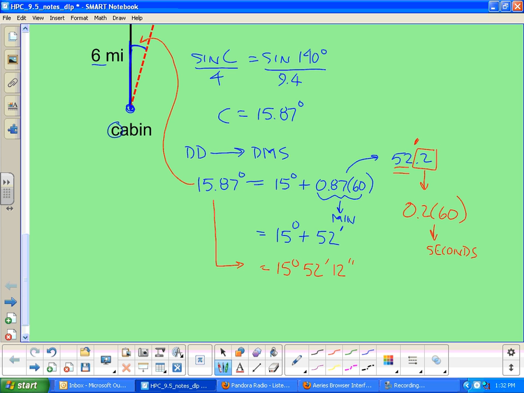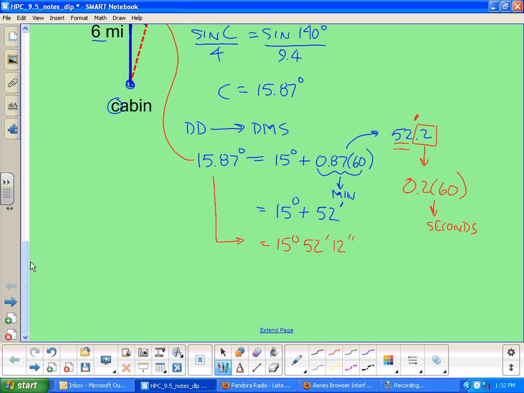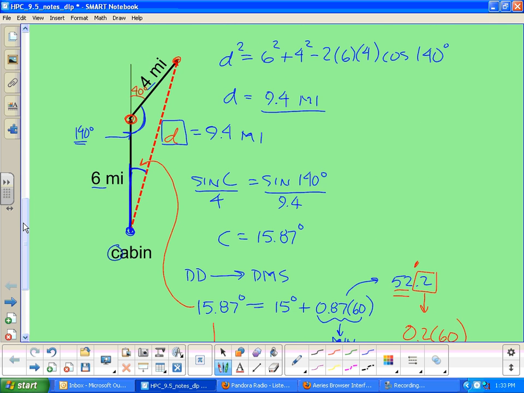Yes? Yeah. If you're writing your final answer, you want it to be like 9.42 miles east, at 15 degrees, blah blah blah, east of north. Okay, good question. So if we're writing our final answer, what do I need to have you do?